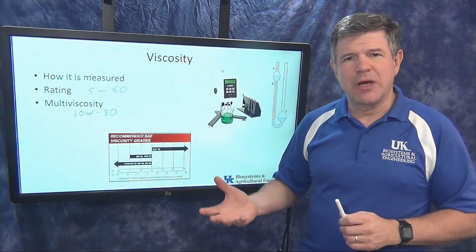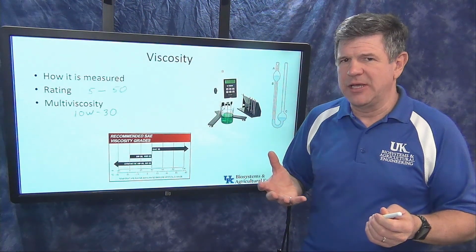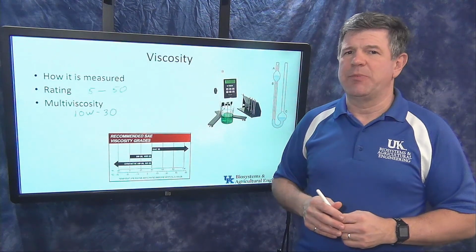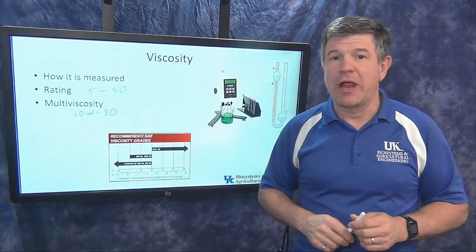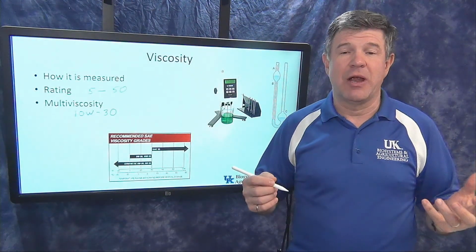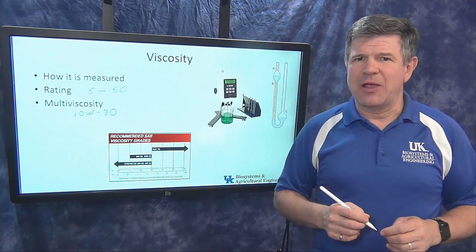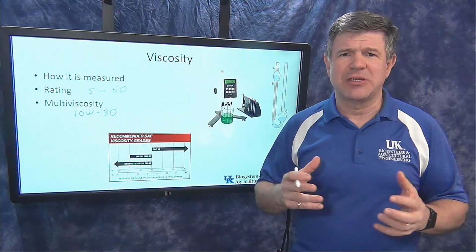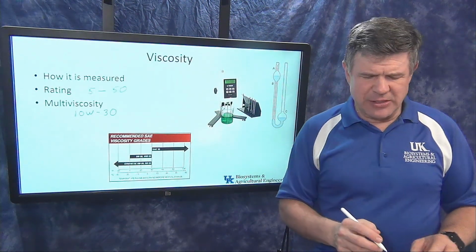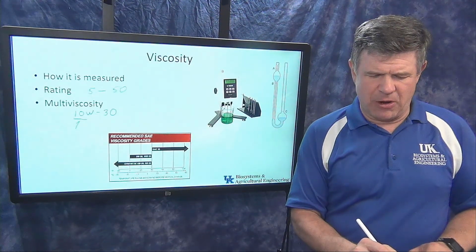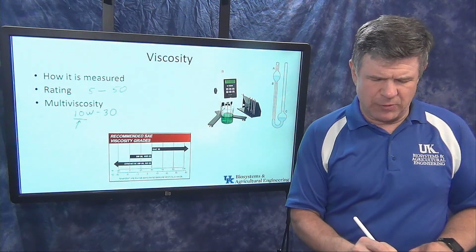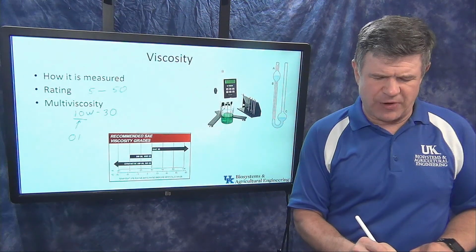Those two numbers are two different viscosities, and they happen at two different temperatures. So when I see the W on a viscosity rating for motor oils, that is a winter rating. W stands for winter. What this means is that this number with the W in front of it was tested at 0 degrees Fahrenheit.